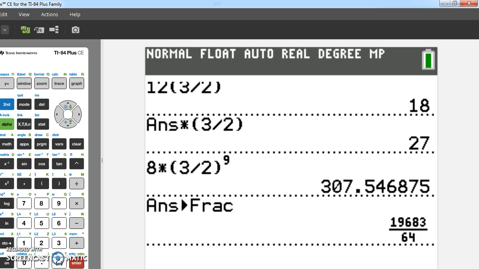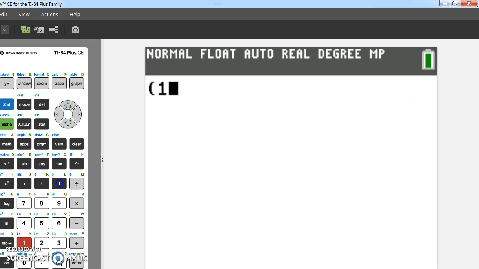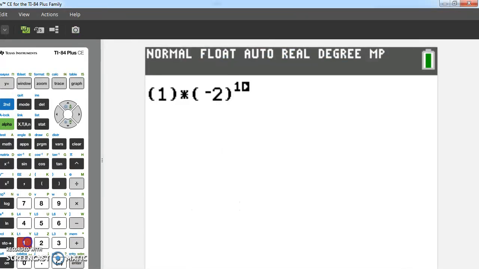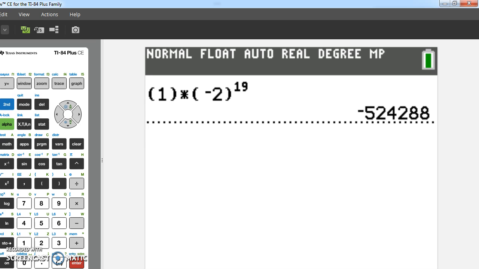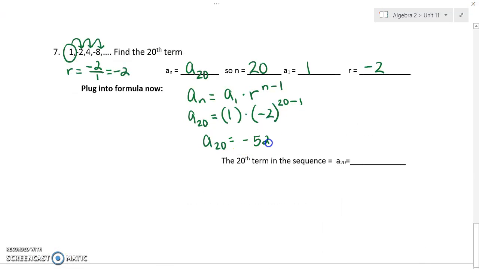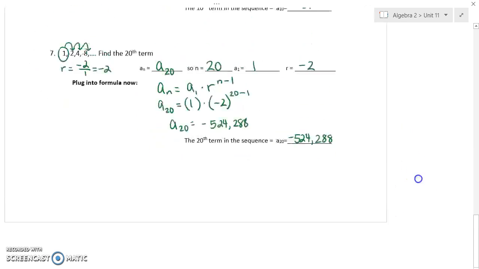So we have 1 times negative 2 raised to the 19th power. Whoa. Okay. So negative 524,288. We'll put that in both places, and that is all for today's lesson.